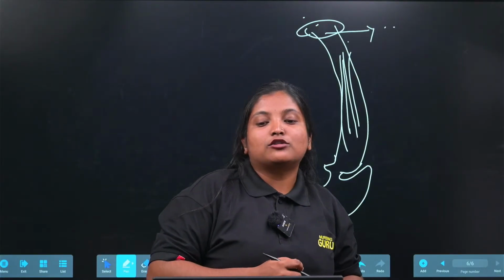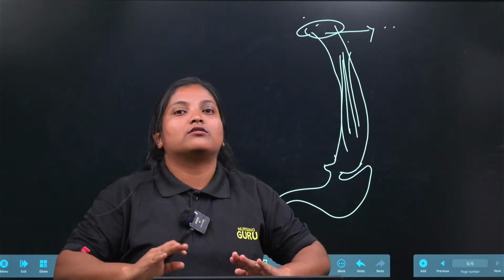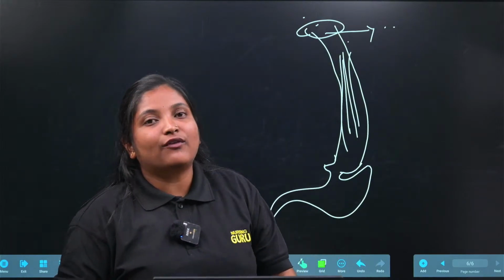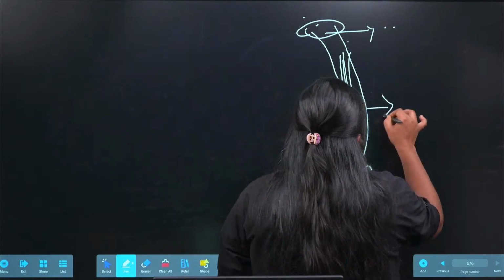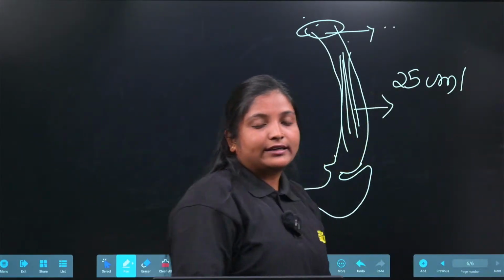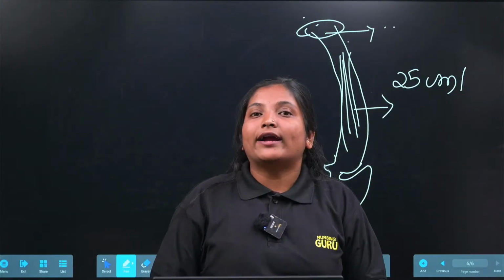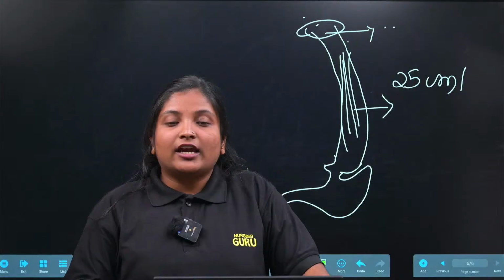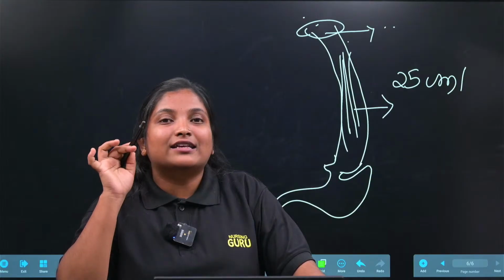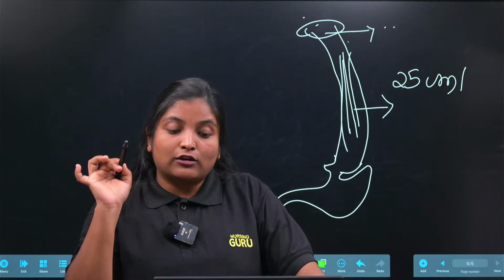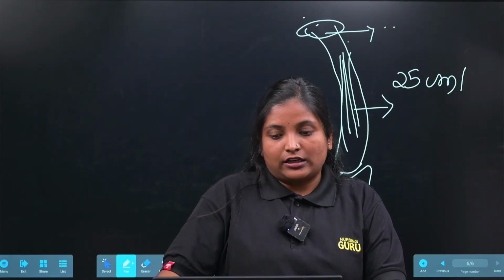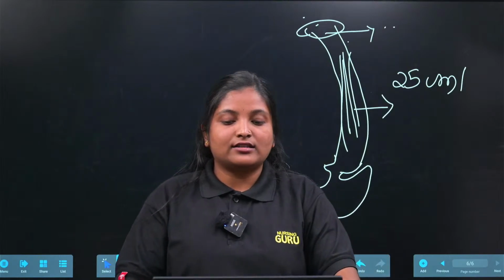It is about 25 centimeter long and provides a passage for chewed food, which we call a bolus, and liquids during the third stage of deglutition.